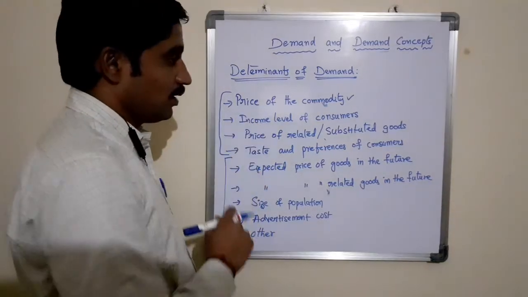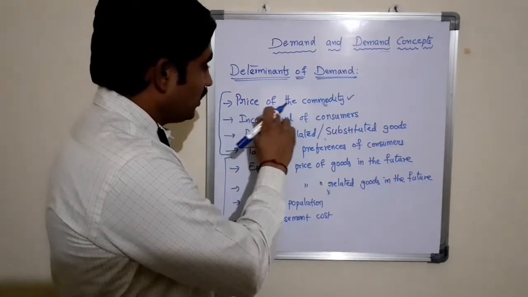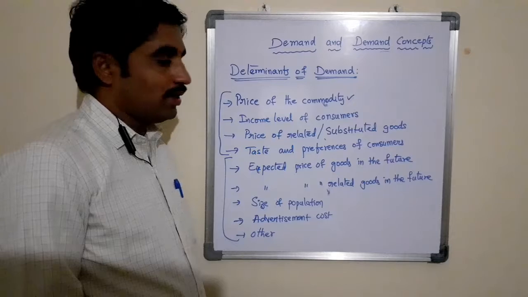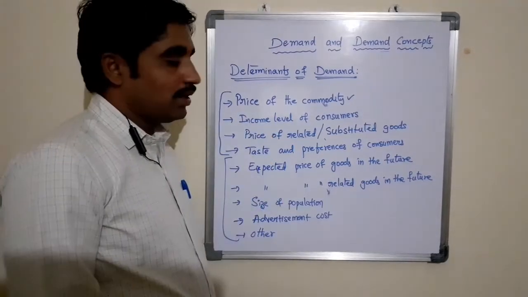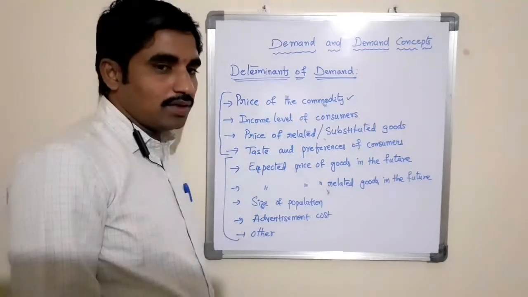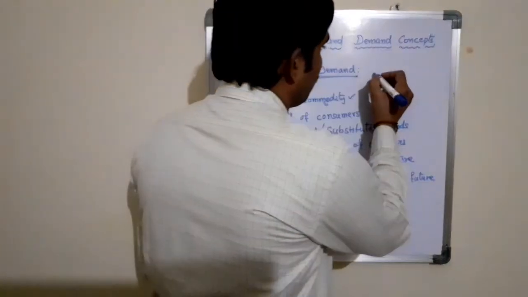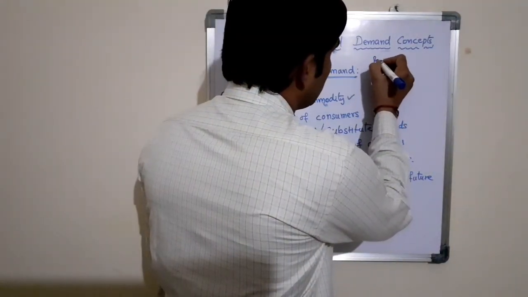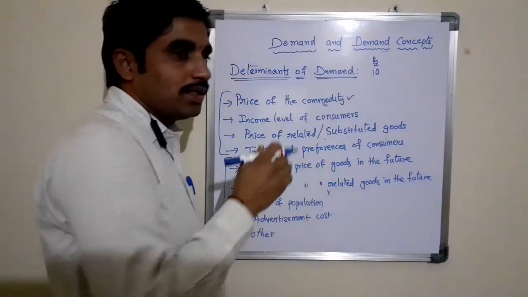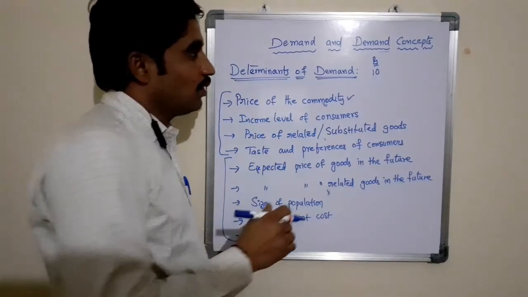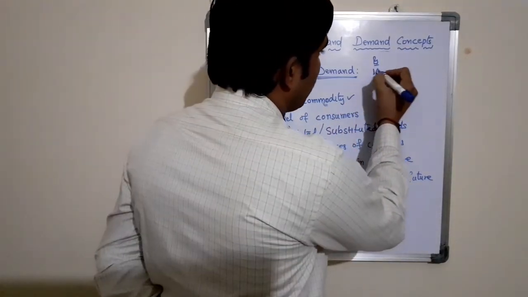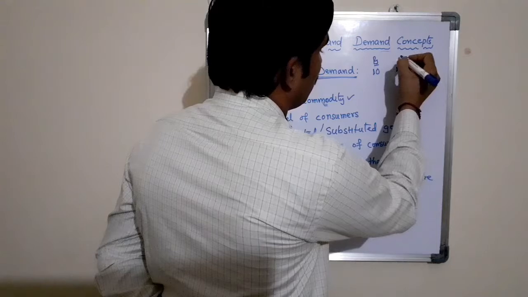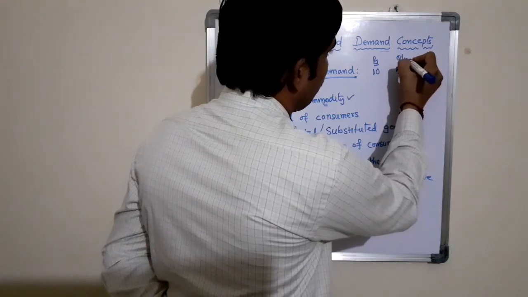In general there is a negative relationship between the price of the product and the quantity demanded of a commodity. Let us take an example. As we have seen in the demand curve and demand schedule, if the price is 10 rupees, let us take the quantity demanded as 50 units.